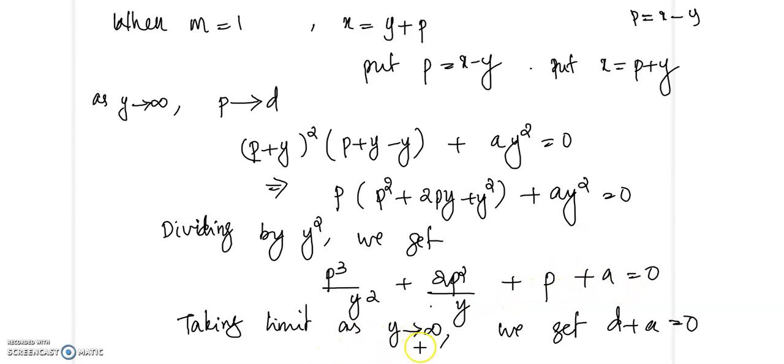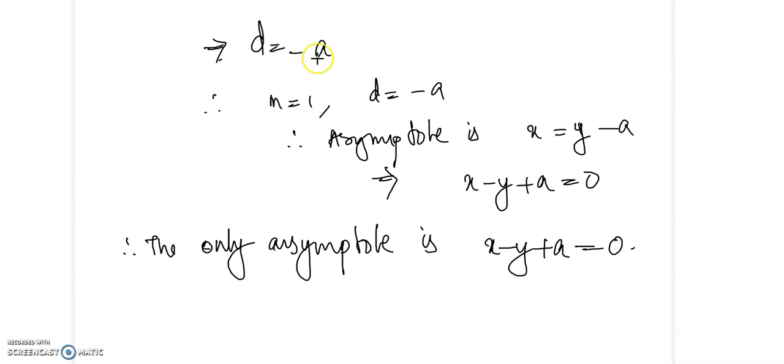Now taking the limit as y tends to infinity, the limit of the first two terms will be 0. Now as y tends to infinity, you will get d here, so d plus a equal to 0. So therefore the value of d is equal to minus a.